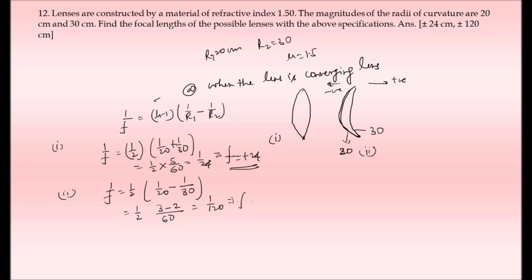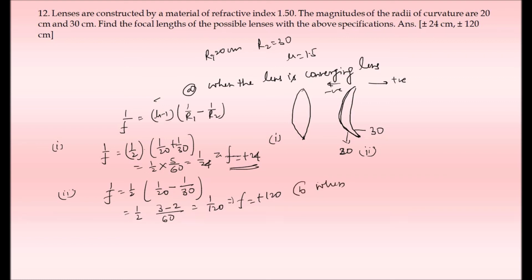That is f is equal to plus 120. So if this lens acts as a converging lens, then the possible values of focal length will be plus 24 and plus 120. Now the two cases when the lens acts as a diverging lens.